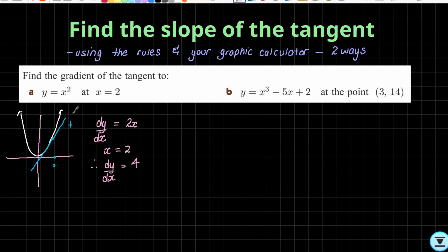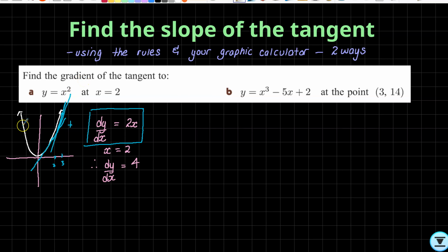If we ask to find the slope when x is, let's say, 3, so maybe up here, not really to scale, what's going to happen? The slope is going to get even steeper. You can imagine this is now my slope function. When x is 3, 2 times 3 is 6, so it makes sense that it gets even steeper.